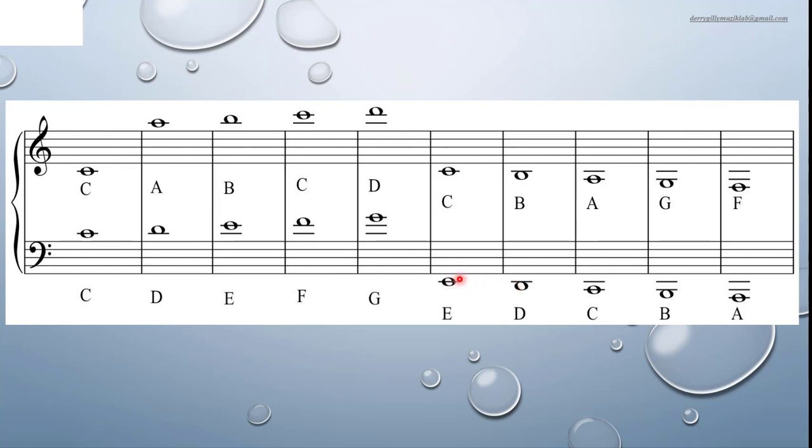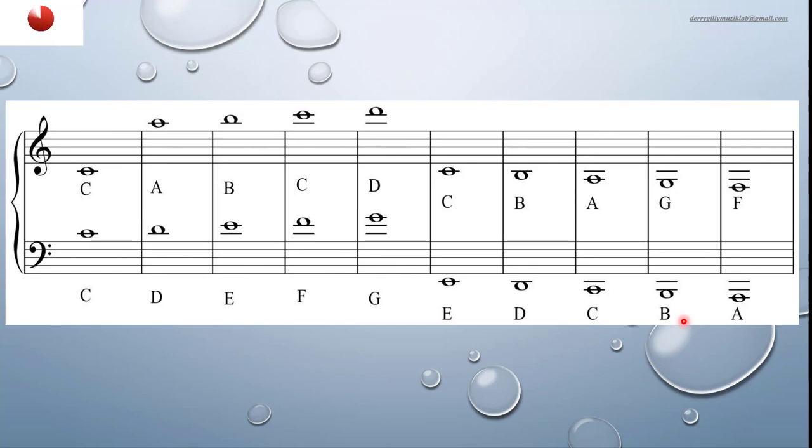We have E just below, 1 ledger line below the bass clef, D a space below the bass clef, C, then we have B. C is just 2 ledger lines below the bass clef, B is a space below the bass clef or a space below the 2 ledger lines, and A is a space below the bass clef which has 3 ledger lines.